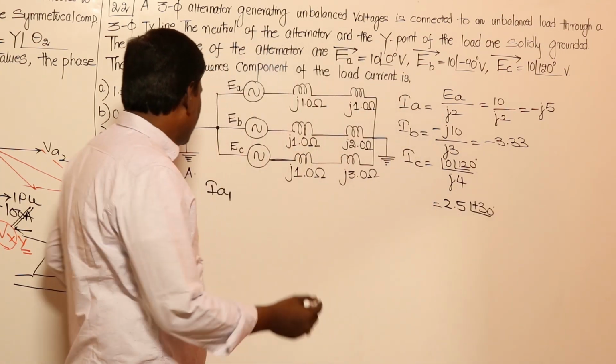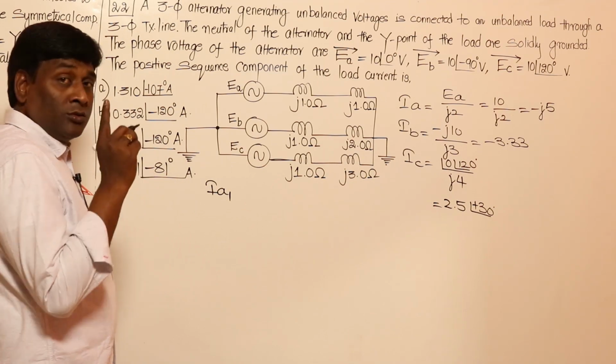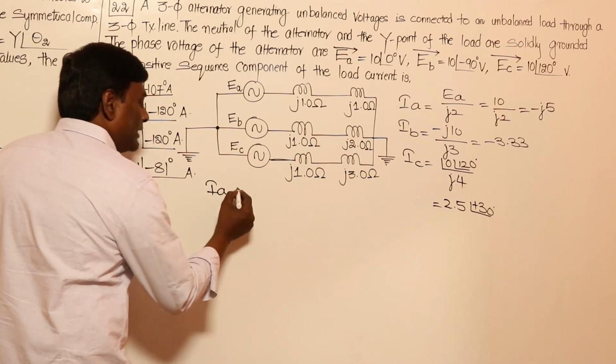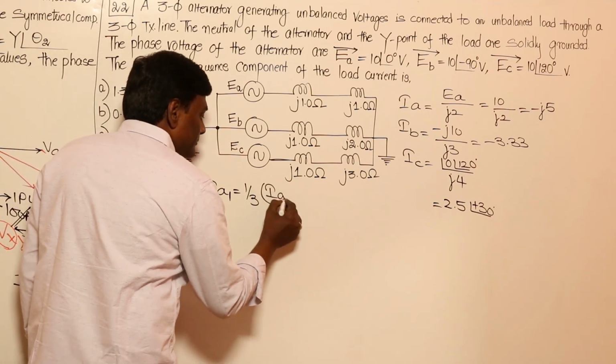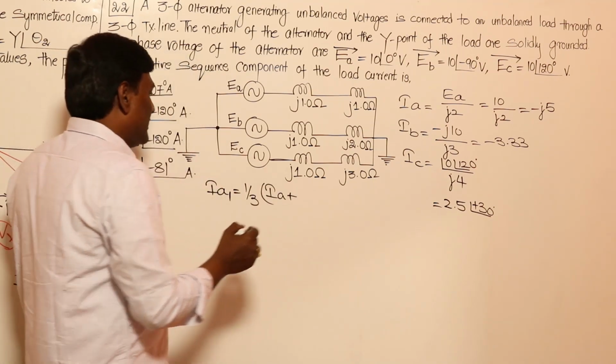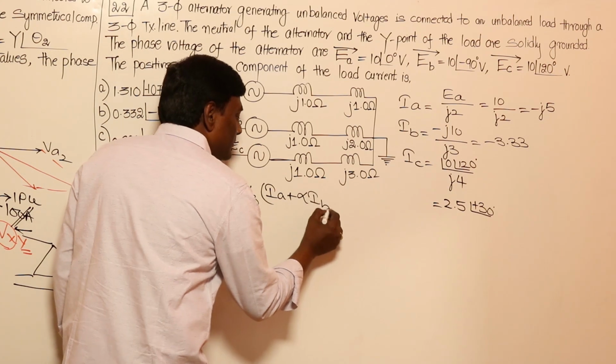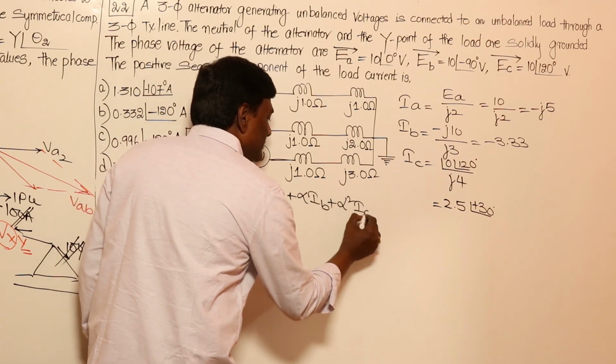Now let us calculate IA1. Think of the matrix A inverse. So IA1 is going to be 1/3 of IA plus alpha IB plus alpha square IC.